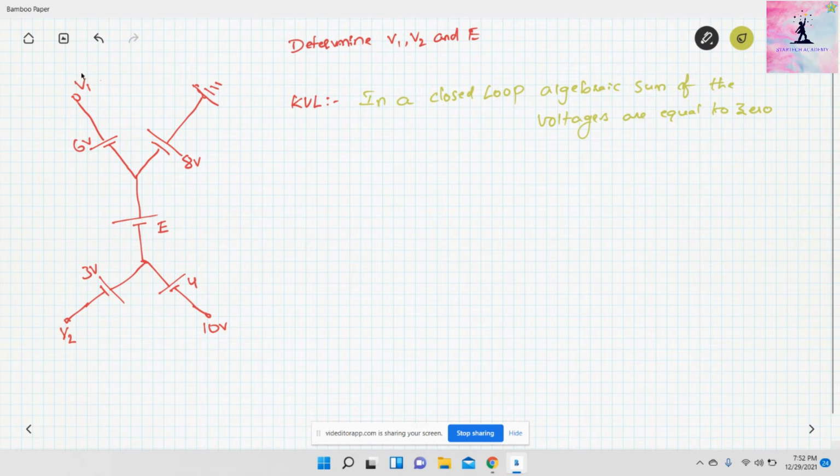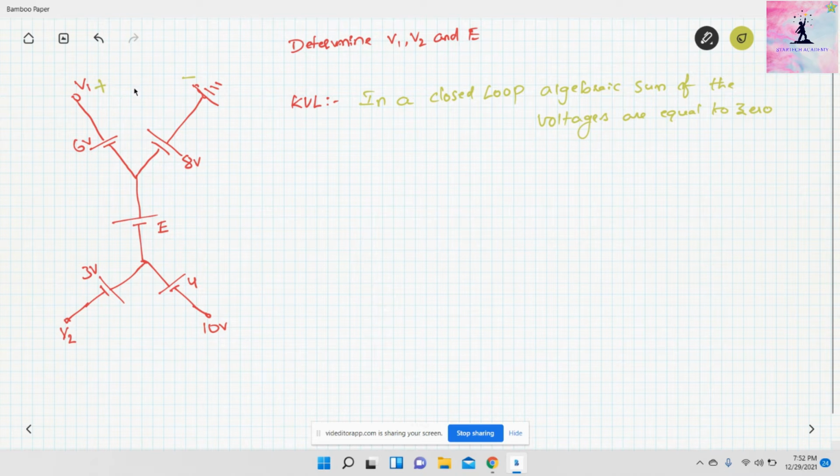Here first I am going to determine V1. Let me assume it is at higher potential. So I marked here positive and this ground potential to be 0 volts. That is, this ground is at negative.